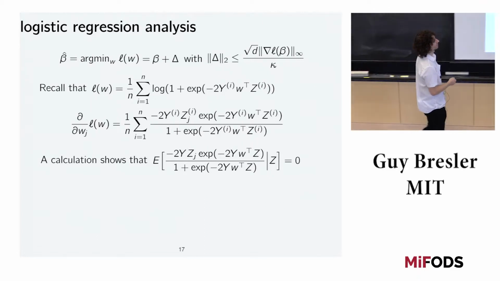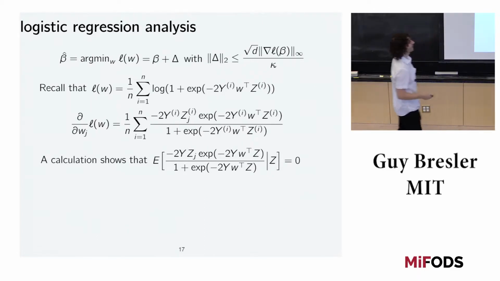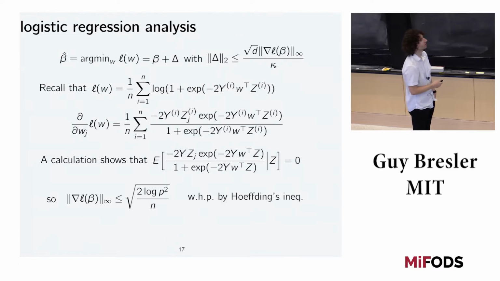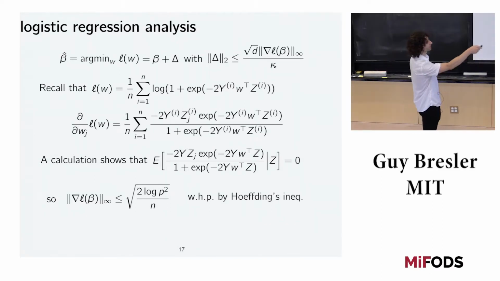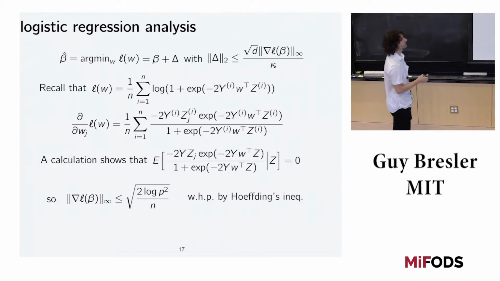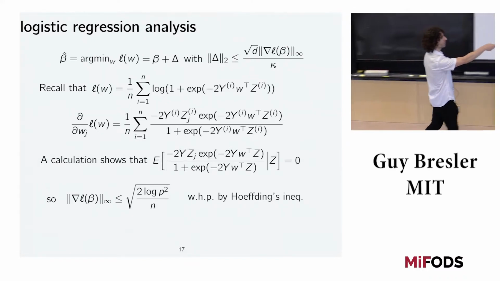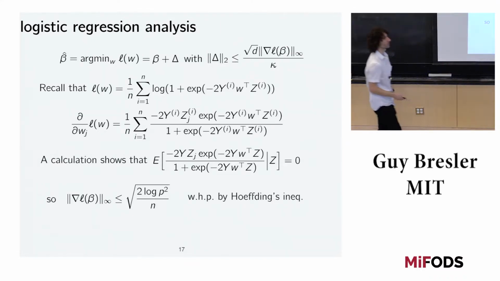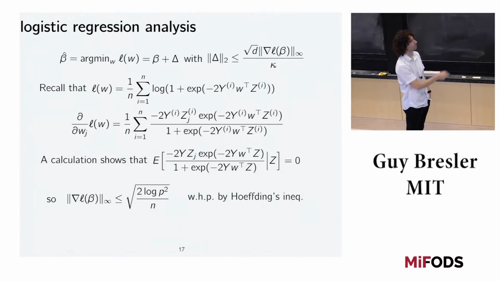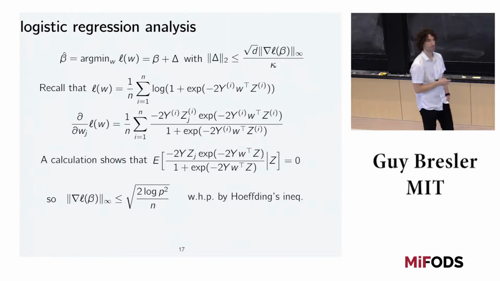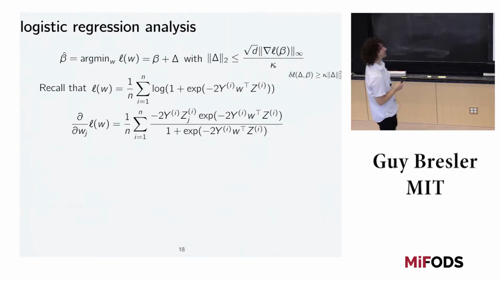Now we have a sum of n mean 0 terms, and with a little bit of effort to bound the magnitude, this is very clearly nicely bounded. One can just apply Hoeffding's inequality to get a bound on the infinity norm of the gradient by controlling each of these, the maximum of each of those. Okay, so that's the calculation.